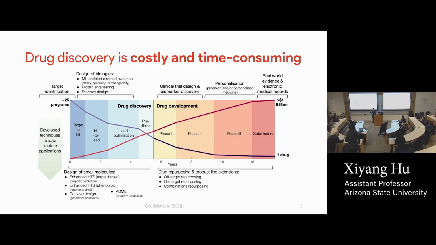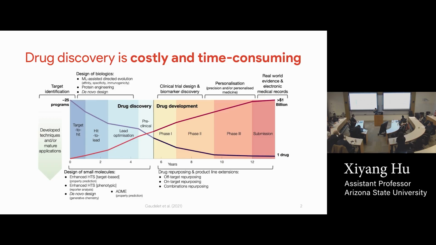Once scientists have found a reasonable hit, they need to do some refinement, basically turning the hit into something called a lead molecule. After that, there is continued optimization. We keep tweaking this molecule to make sure it is safer and more efficient. That's the lead molecule.